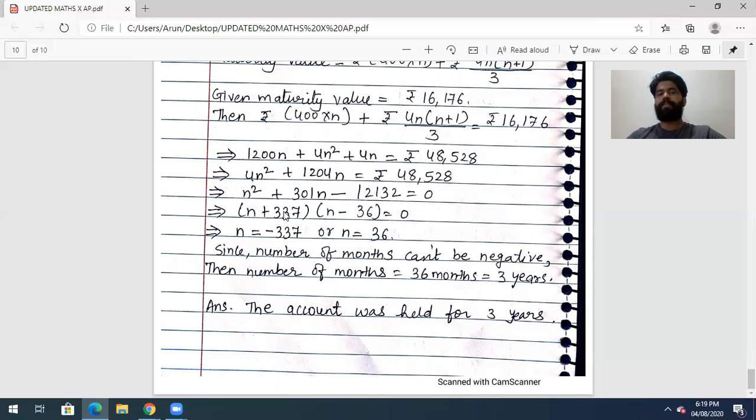So we can say n plus 337 into n minus 36 because last sign is negative. So बड़े number को middle sign जाएगा and the smaller factor will get the opposite sign. So we have n plus 337 into n minus 36 is equal to 0. So either n is equal to minus 337 or n is equal to 36. And since the number of months cannot be negative, therefore the number of months is equal to 36 months, which is equal to 3 years.